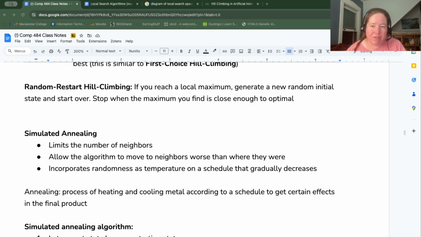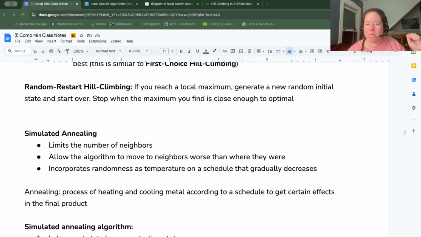There's one other kind of hill climbing I want to mention, and that's random restart hill climbing. I feel like this is the total smash approach. So what happens with this one is, when you reach your local maxima, instead of just stopping, you try to evaluate how good it is. And if it's not optimal, then you just start the search all over again.